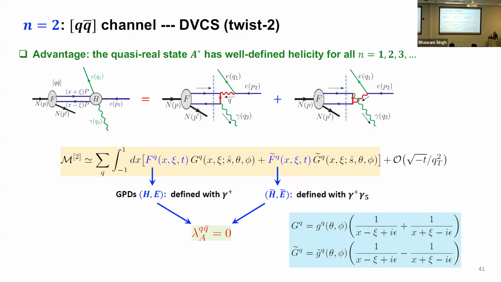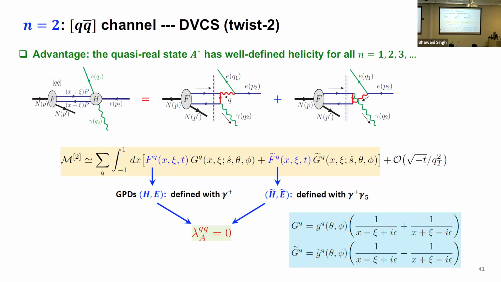It has a large virtuality. It's not something soft, it's something hard. And here, the reason we have a T channel, or space-like A star, is because the P and P prime are almost collinear to each other, one in the initial state and one in the final state. And if you want to create a time-like state, you need to have something like a P P bar that annihilates into a state.